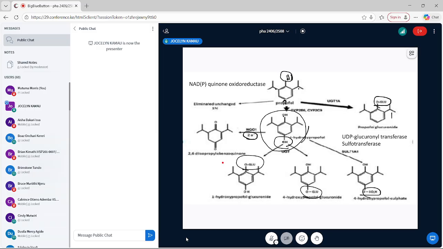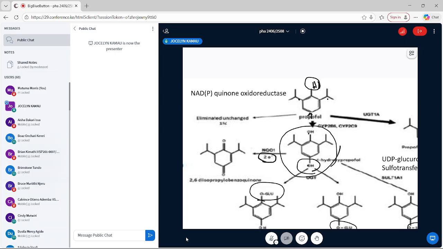The isopropyl, that is propyl quinone. The isopropyl, I can't see the sign properly, let me see that correctly.